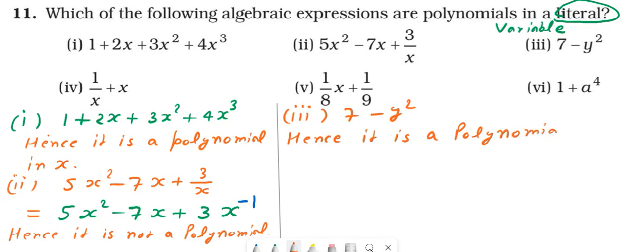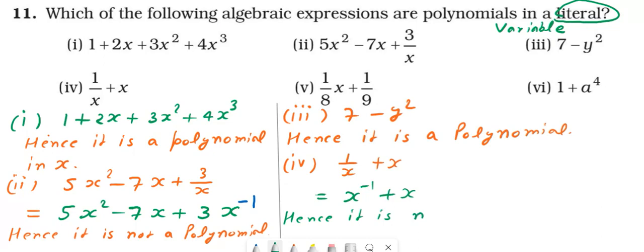Now beta, fourth part, 1 upon x plus x. We can write x raised to the power minus 1 plus x. Here you can see that the power of x is negative. It means it is not a whole number. Hence, it is not a polynomial.